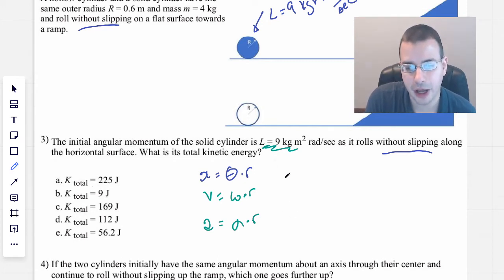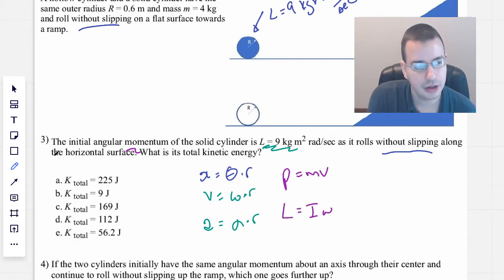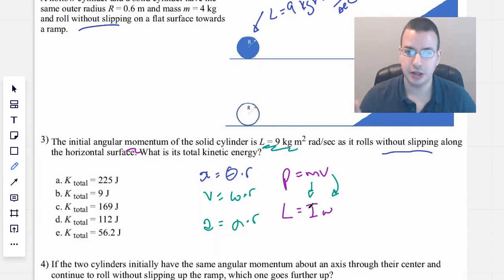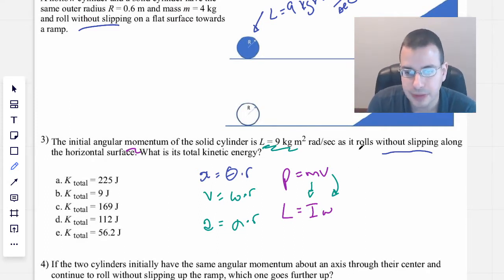So this is momentum: P equals mv. This is the linear momentum. And angular momentum is L equals I omega, where omega is the angular velocity and I is the moment of inertia, based on the geometry of the shape. Okay, so that's another piece of information.